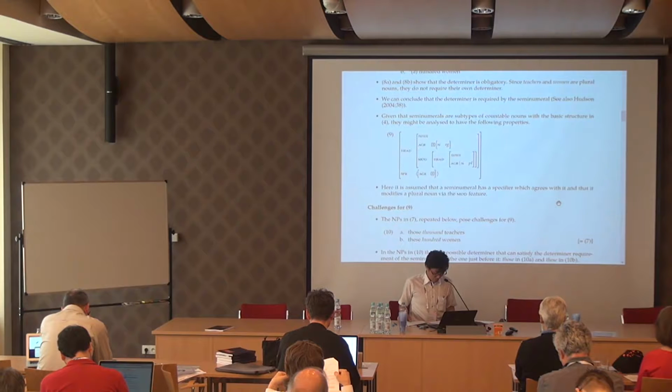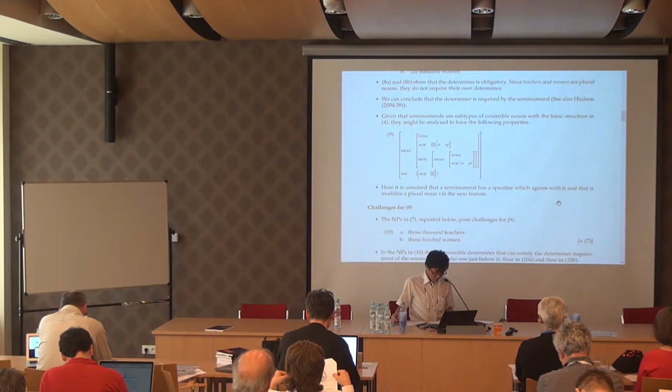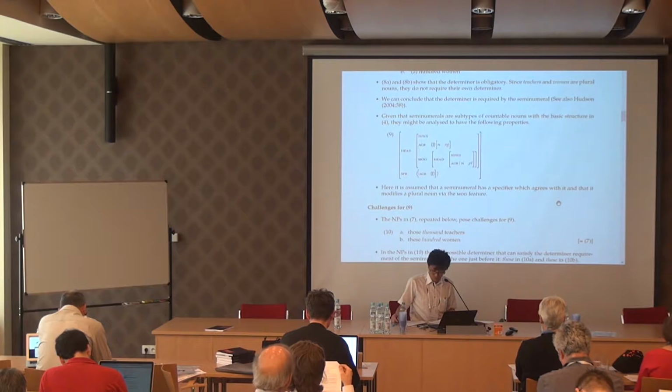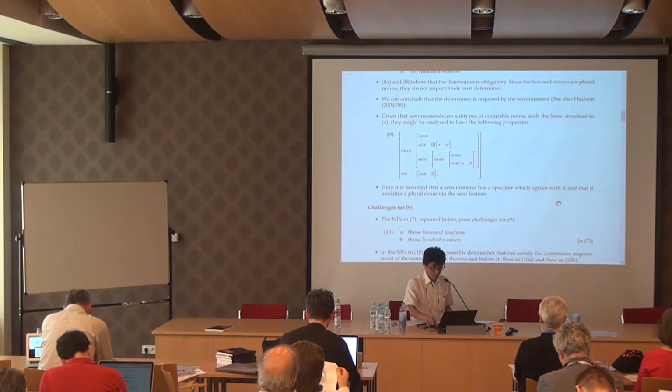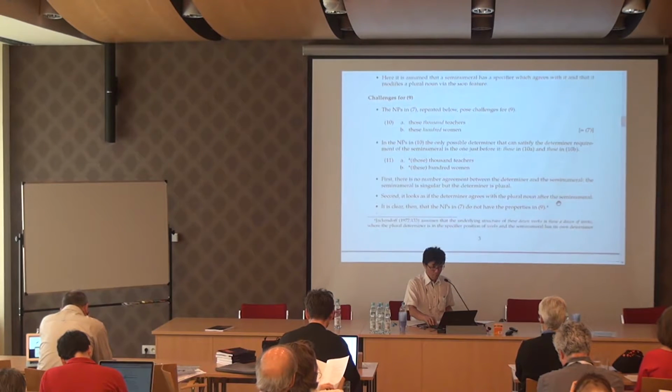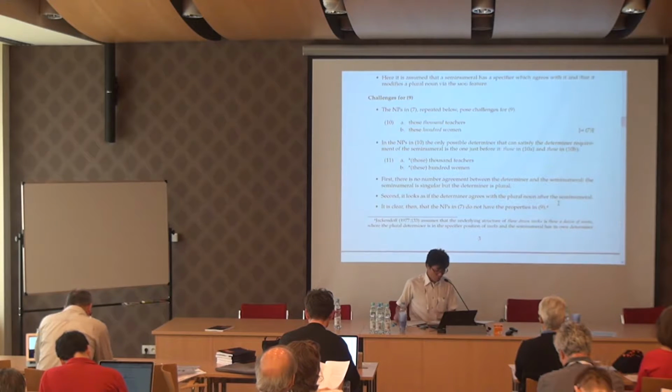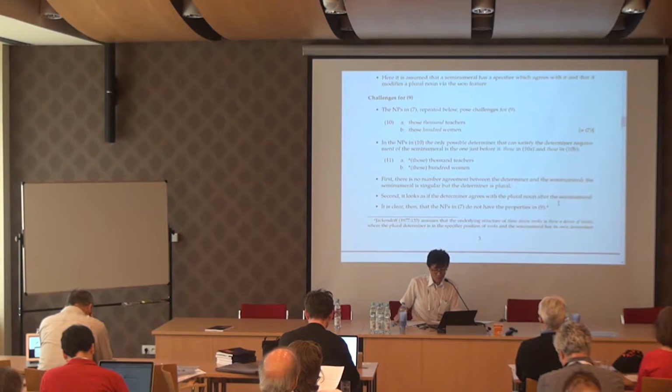And now, there arise 2 problems. First, there is no number agreement between the determiner and the seminumeral. The seminumeral is singular, but the determiner is plural in number 10. And the second problem is that although the determiner satisfies the determiner requirement of the seminumeral, it looks as if the determiner agrees with the plural noun after the seminumeral.